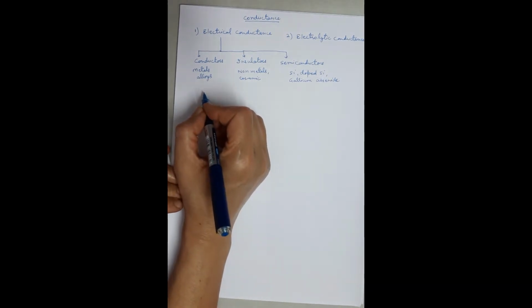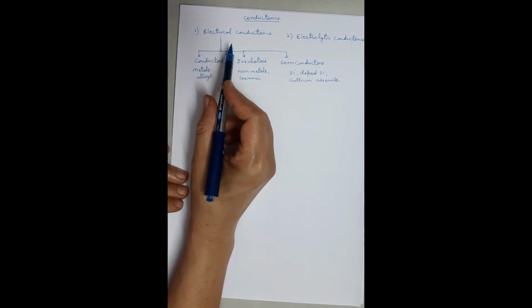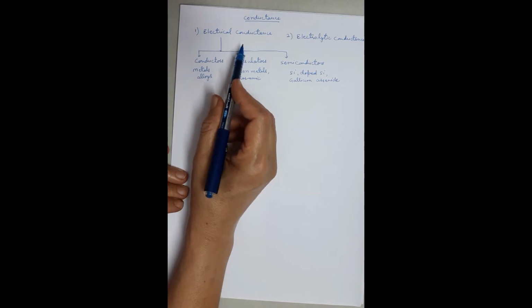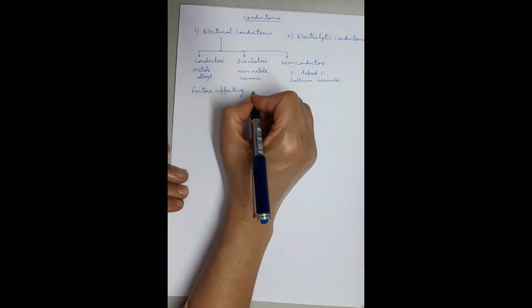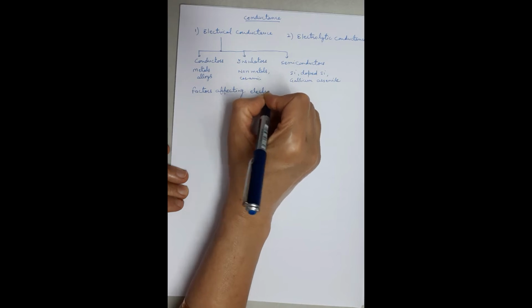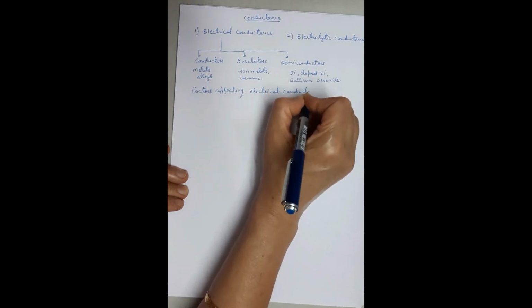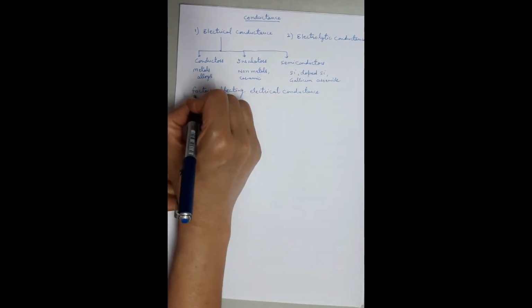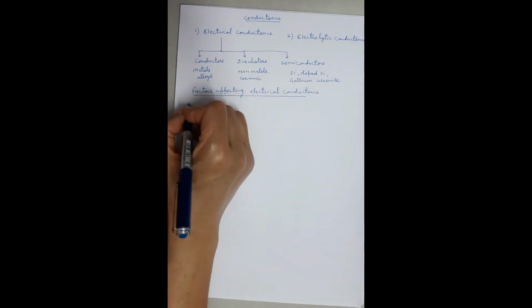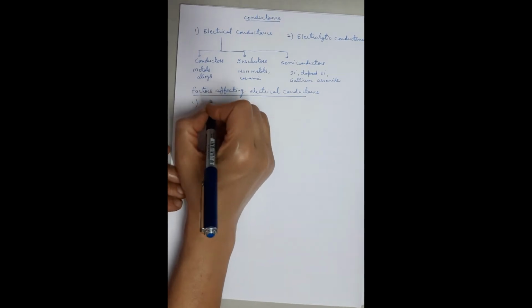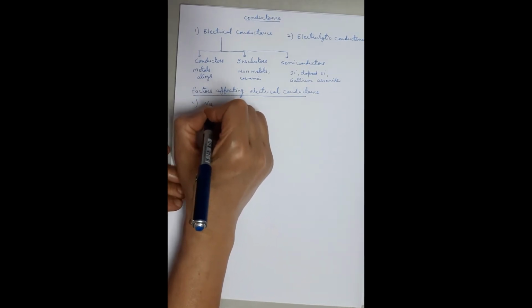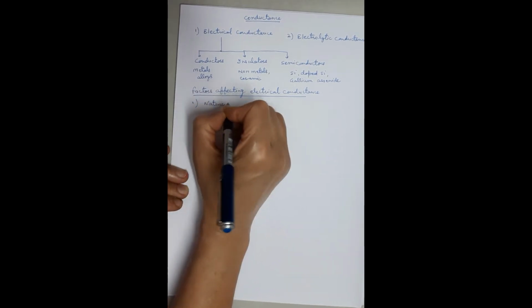Now we'll study what are the factors which affect the electrical conductance. One of them is nature and structure of matter.